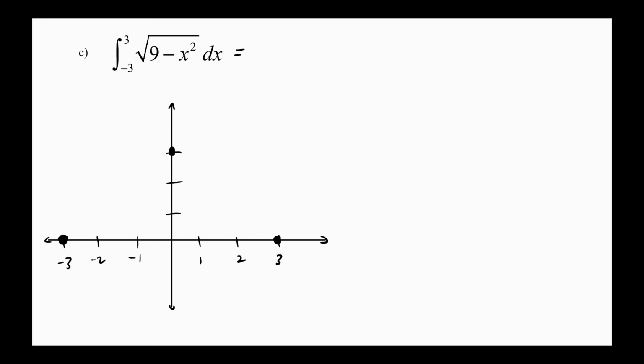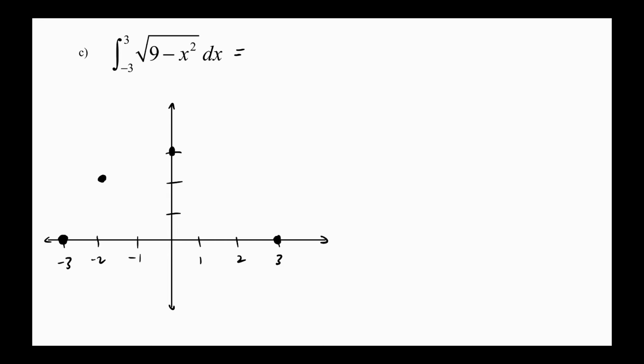So when you plug in -2, it becomes +4. Right? -2 squared is +4. So 9 minus 4 is 5. So the square root of 5. Square root of 5 is a little over 2. And then if you plug in -1, -1 squared is 1.